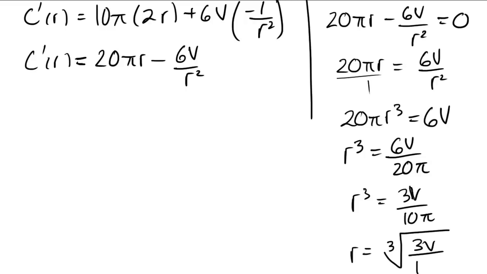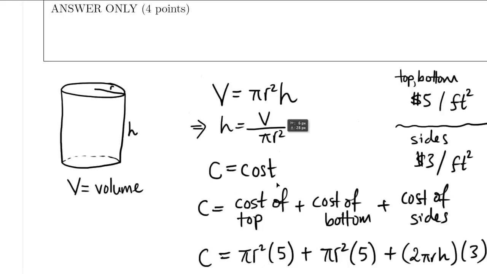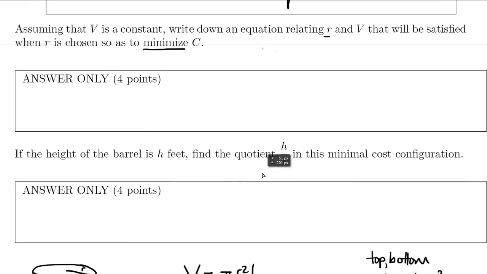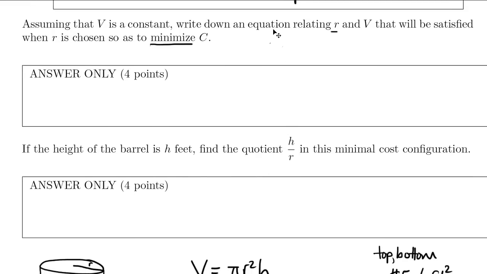This is a capital V. Both of these are good. This is solving for r explicitly, but I think in the question it just said find a relationship. And in terms of a relationship, this is a little bit more nice to look at. Write an equation relating r and V. They didn't ask us to solve for r explicitly, so I might just write this for my answer.